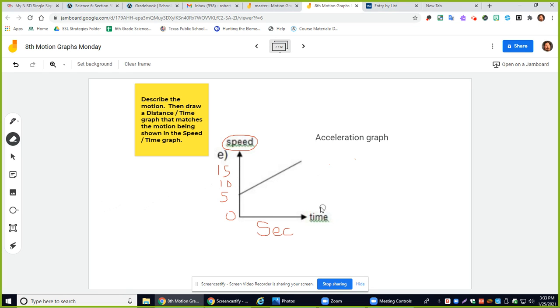So this is a speed time graph of an object getting faster. What would that look like on a distance time graph, which is the one y'all are familiar with? So I want you to turn this into something you're familiar with. I'll give you a couple minutes to think about it, and I want you to turn on your camera and show me what you got for an answer.